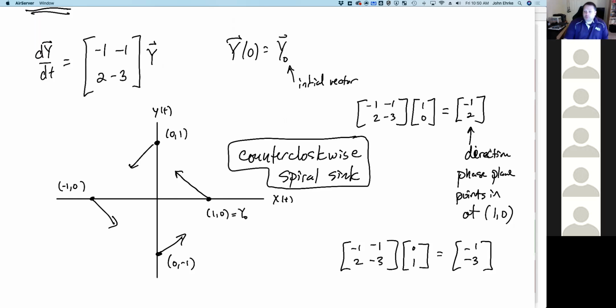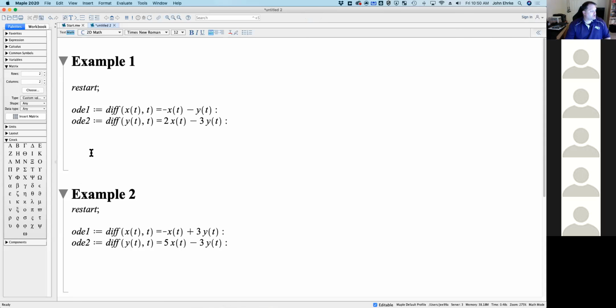Want to take a look at it in Maple, just to make sure that what we've said is happening actually is what is happening, and also to give you some insight for your Maple Lab stuff. So for this particular problem, we're looking at this first example here.